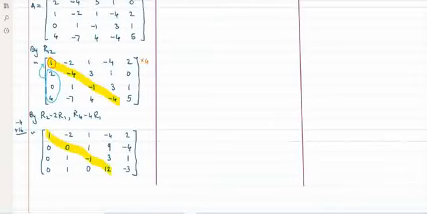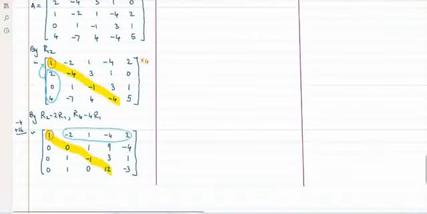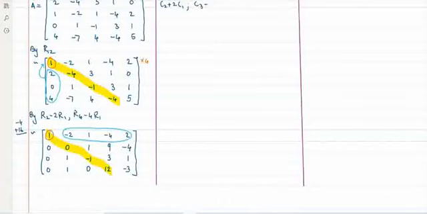Now, after getting the elements below A11 to 0, you have to reduce the elements on the right side. So the transformations are C2 plus 2C1, C3 minus C1, C4 plus 4C1, C5 minus 2C1.